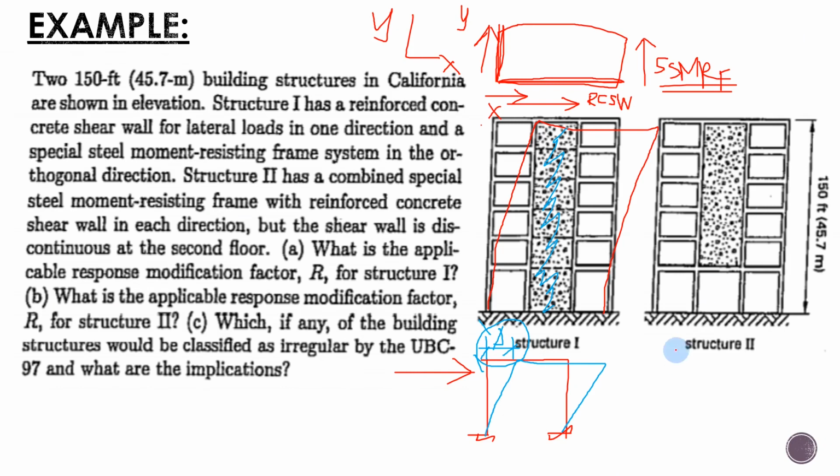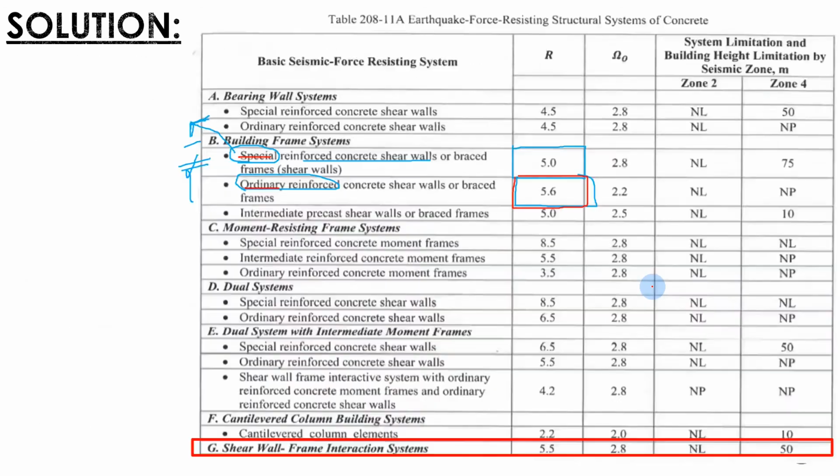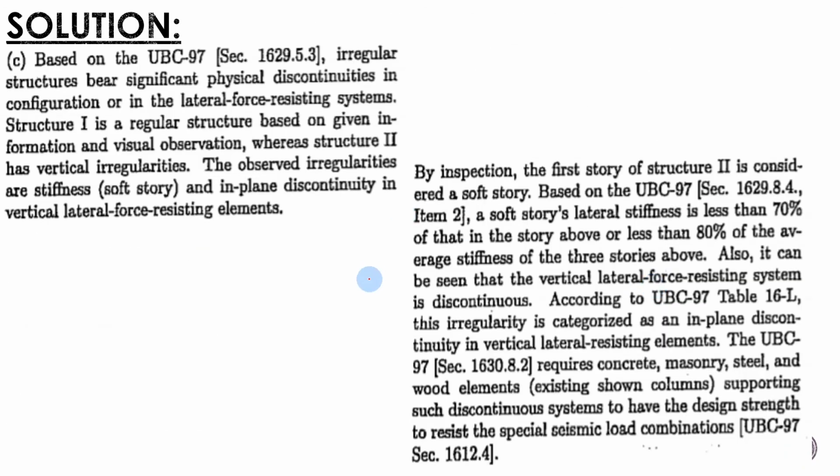Okay, so makita nato ang soft story, no. Soft story, then ang iyang shear wall pod wala gi-continue dali. So mao kato in-plane discontinuity, no, kay wala gipadayon ang shear wall. Then sa stiffness pod soft story ang sa baba. By inspection, the first story of structure 2 is considered a soft story.